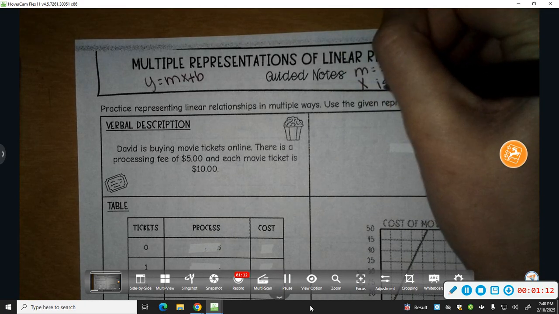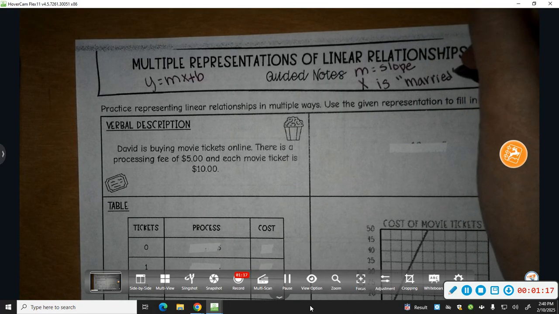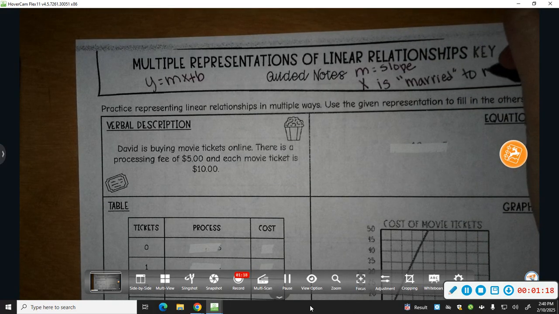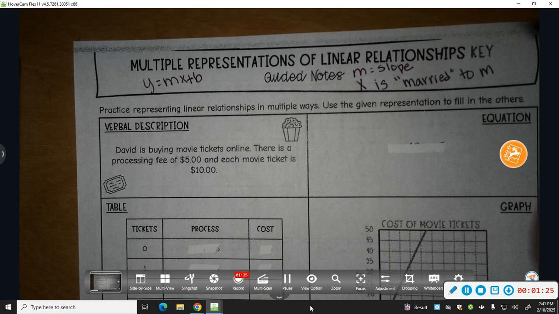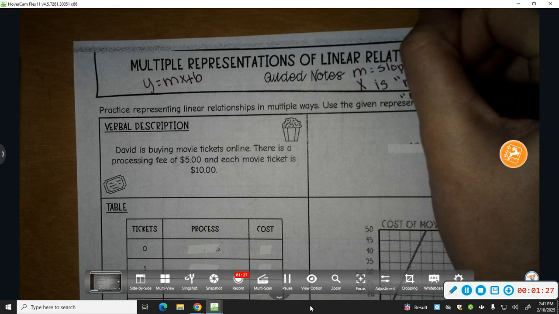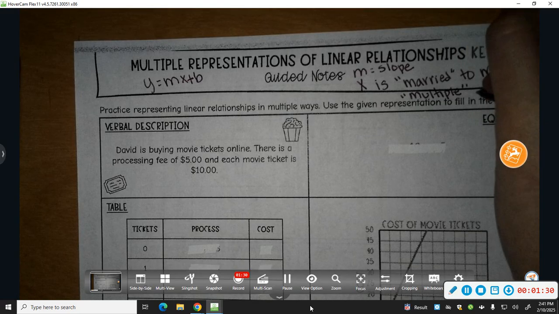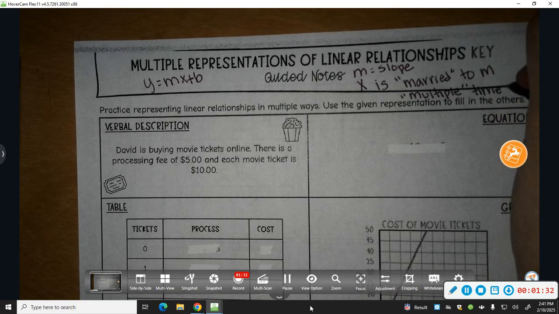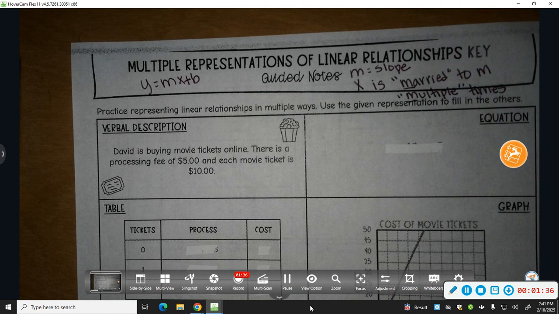X is married to m, and m is what happens multiple times. Okay, so you can remember that married and multiple both start with m, so I know x is what happens multiple times, and it is going to go right next to my slope.